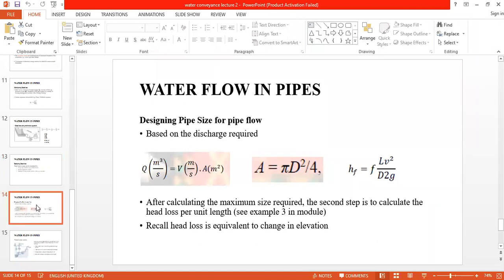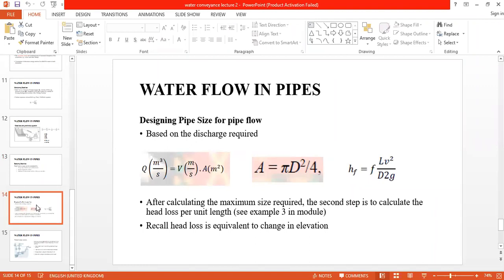Now we've come to the point where we need to design. We need to come up with the size of the pipe to use to deliver water to our field. Bear in mind, we will always know that we need this amount of water in our field.